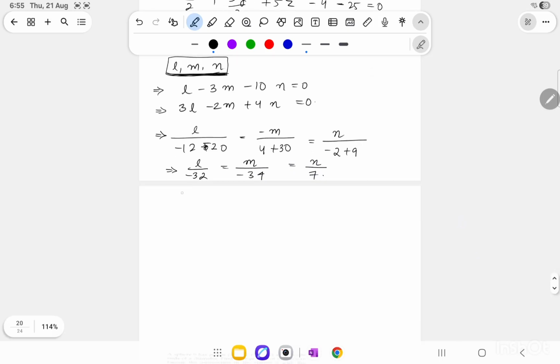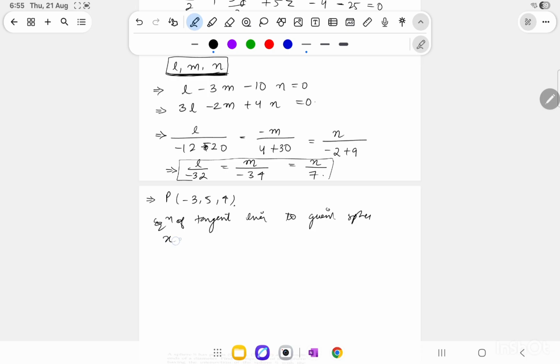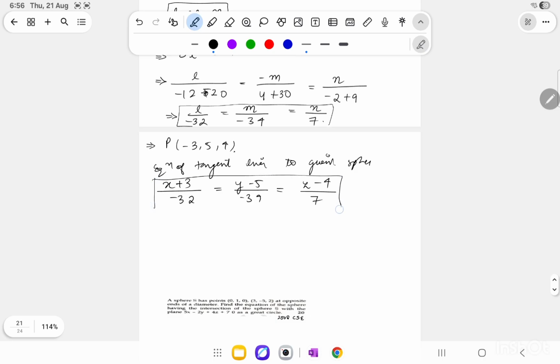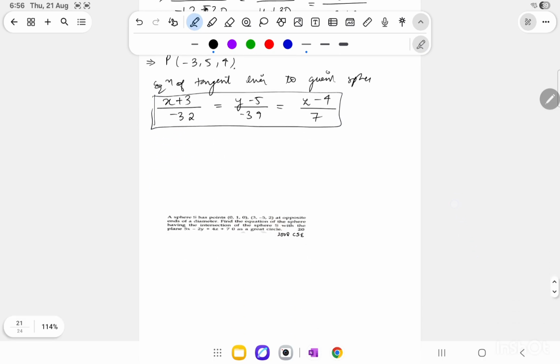So the direction ratios of the required line are proportional to this, and my line is passing via point P, which is basically minus 3 comma 5 comma 4. So the equation of tangent line to the given sphere is x plus 3 by minus 32 equals to y minus 5 by minus 34 equals to z minus 4 by 7. So this is my required equation of the tangent line to the given sphere.